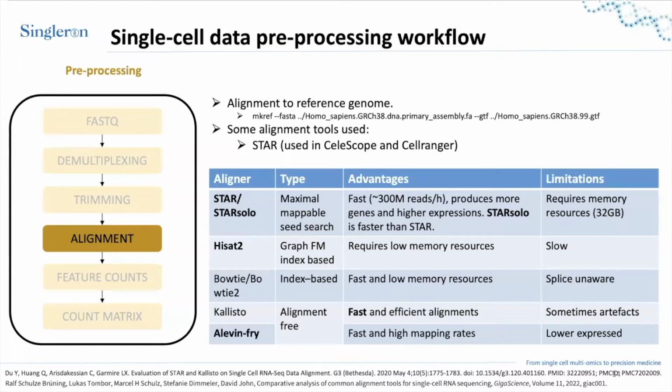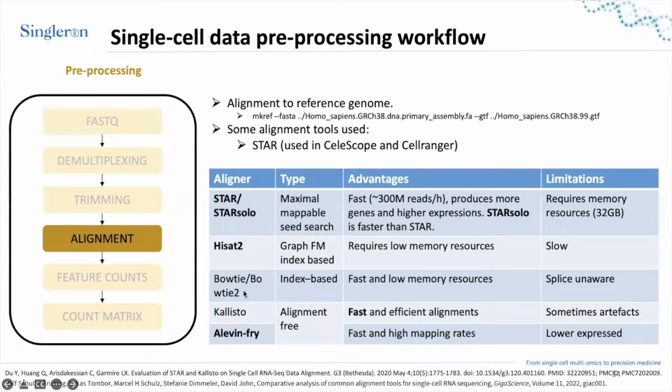Some of the other tools that are also used sometimes in the field are HISAT2. It is based on graph index calculations. This tool requires relatively lower memory resources, but it can be relatively slow.